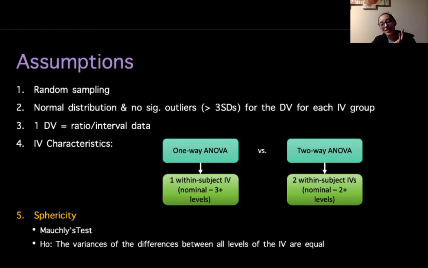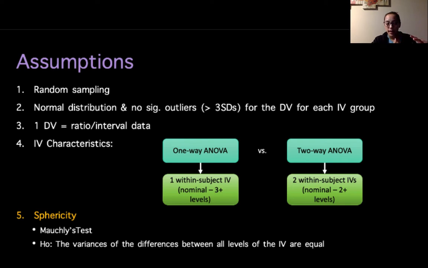But we test sphericity using Mauchly's test. Another statistical test named after a person who has an interesting last name. So Mauchly's test is kind of similar to Levene's test in the respect that we're looking at variances and if those variances are equal.